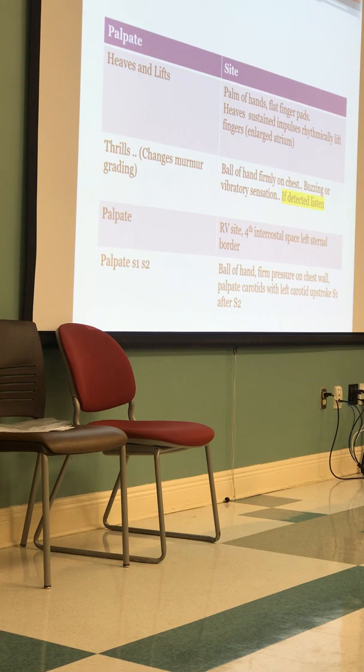If I listen with my stethoscope at the mitral valve and palpate the carotid at the same time, I can tell you which is S1 and which is S2, because you feel the upstroke and hear it at the same time. But to palpate with pressure on the chest wall and feel for the upstroke, I have never been able to do it. They say when you feel the upstroke, you can tell which one is S1 and S2.